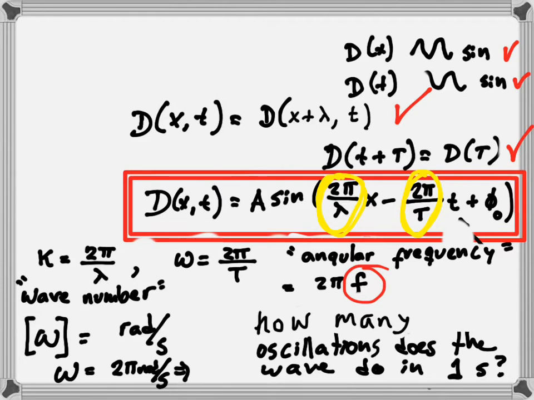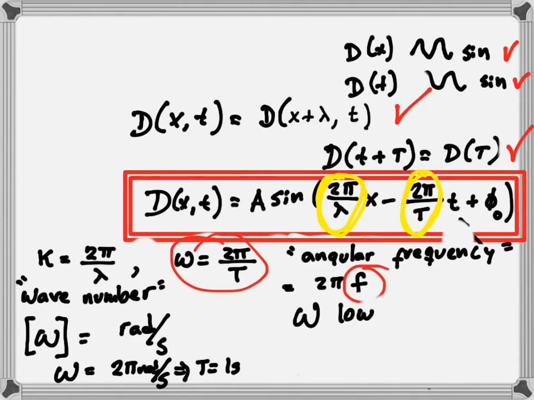So if, for example, we have an angular frequency of 2 pi radians per second, since 2 pi is 1 oscillation, that means that this wave is doing 1 oscillation every second. And 1 oscillation in 1 second means that the period is 1 second. Notice that this is exactly what you get from this expression here, omega equals 2 pi over the period. If omega is 2 pi, then the period is 1.